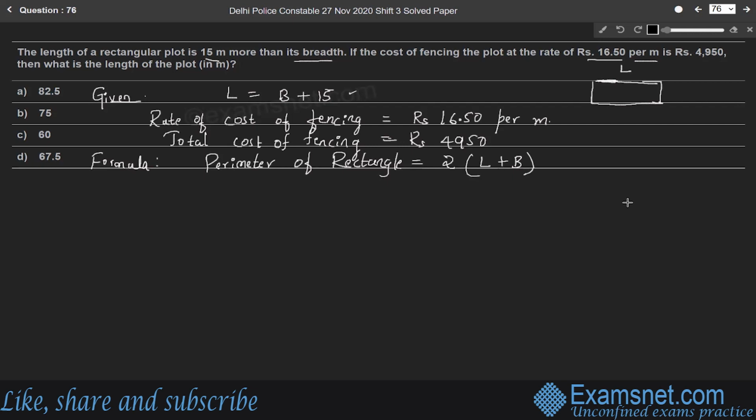First, we have to find the perimeter of the rectangular plot, right? So the cost of fencing, the perimeter of the rectangle is 4,950, right? So from that value, we have to find the length of the plot. So let us go step by step. The calculation part.